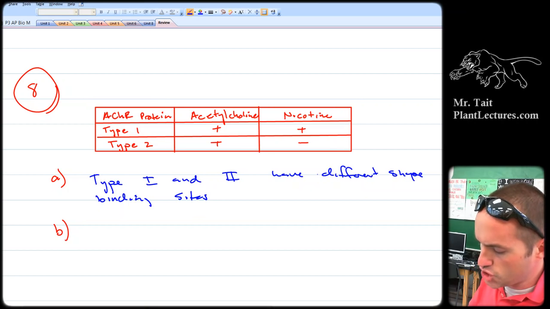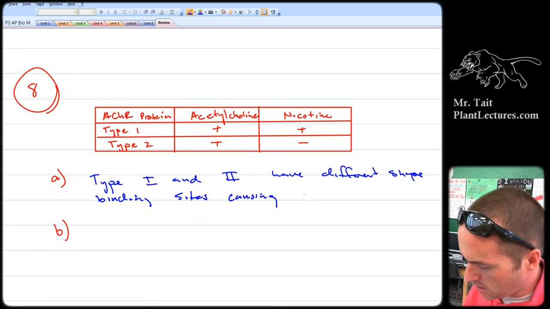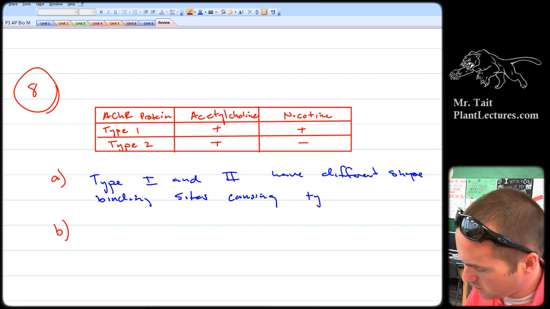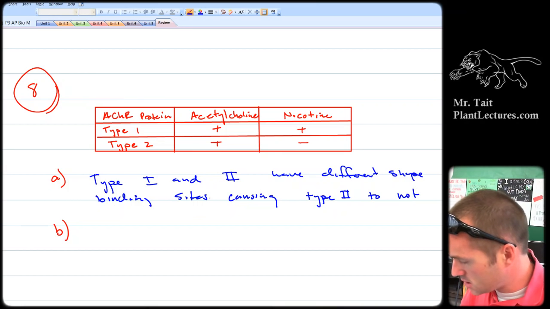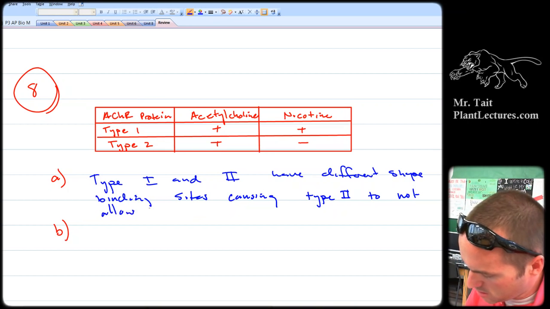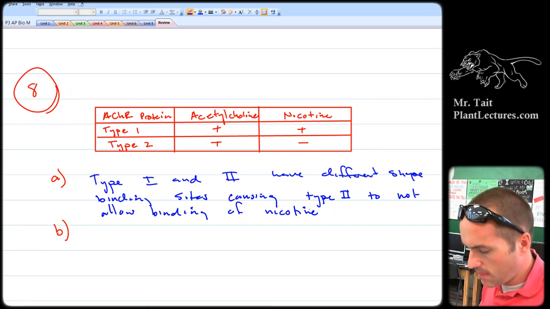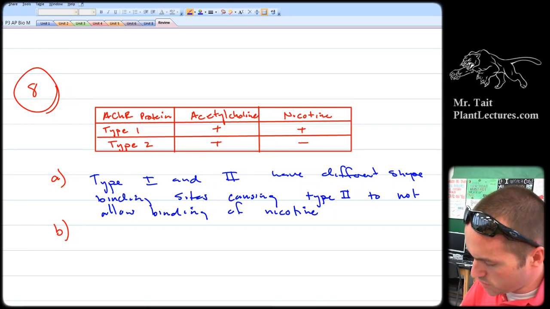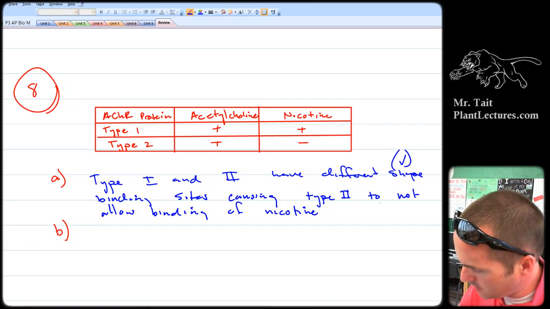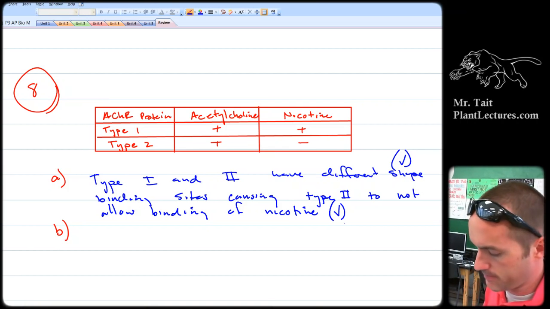So different shape binding sites causing type 2 to not allow binding of nicotine. So structure gives us the 1, so different shape, and function 2. So you'll probably get your function point, but not your structure point.